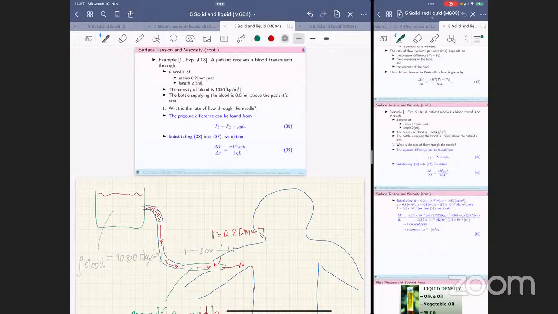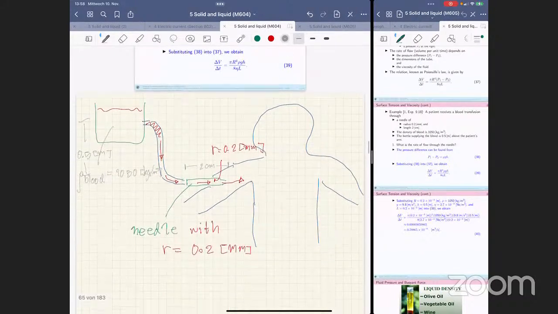And the bottle supplied is higher. It's 5. Oh no, not 5 meters, 5 meters is too high. It's 0.5 meter above the needle level, right? It's 0.5, so H is right there.